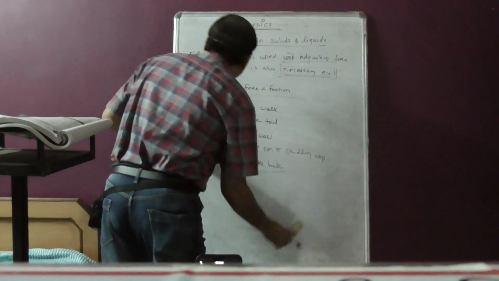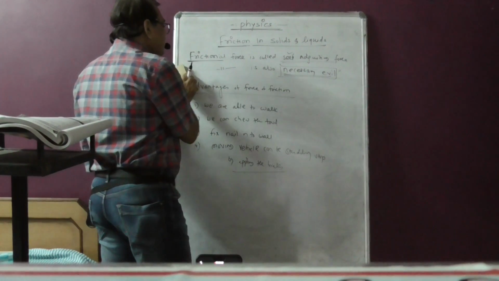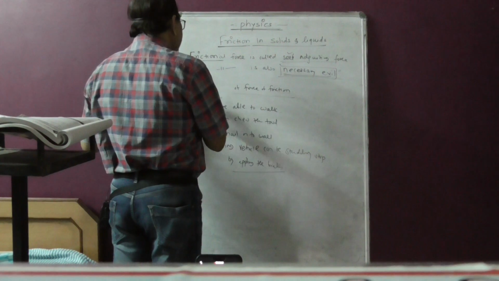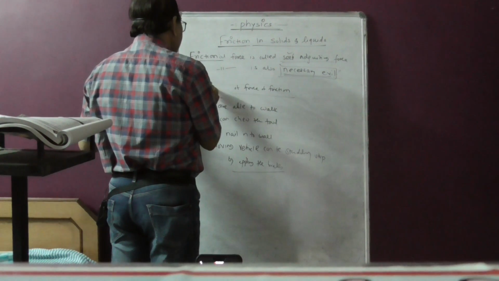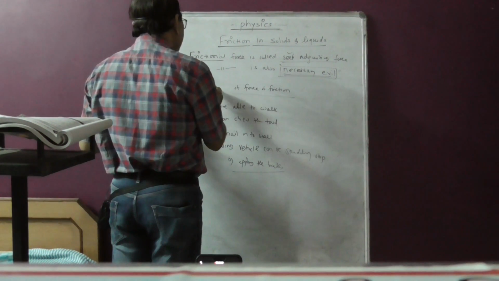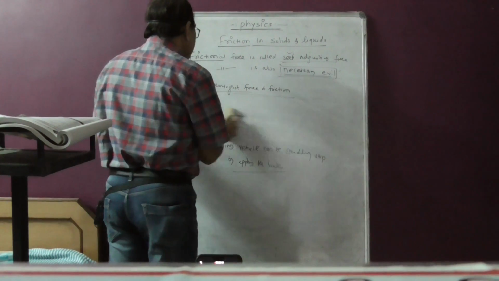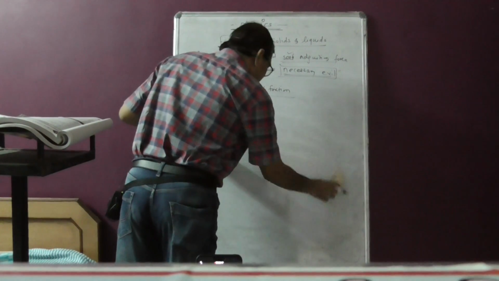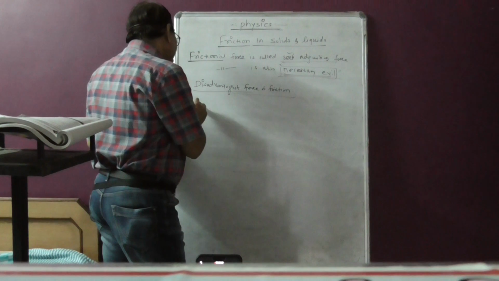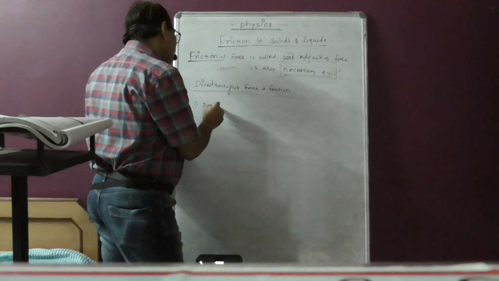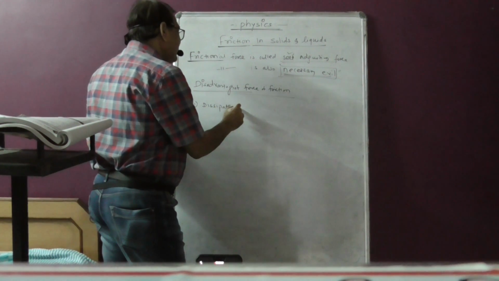If these are the advantages, then there are also some disadvantages, because it is a necessary evil. Okay, disadvantages of force of friction. First disadvantage: force of friction dissipates the energy.